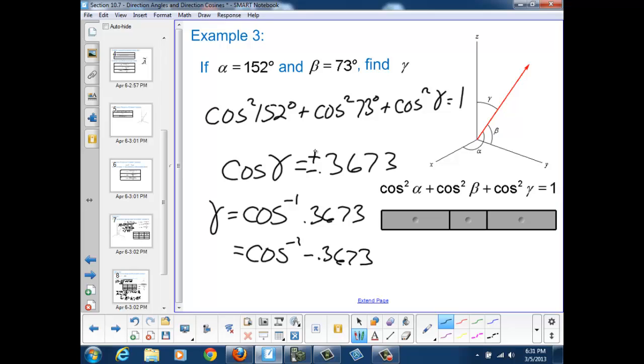If we take our calculator to find those values, we should find that gamma is either equal to 68.4497 when we use the positive 0.3673, or gamma will be 111.5502 degrees when we use the negative of 0.3673.